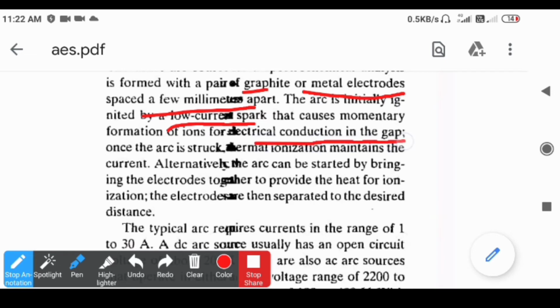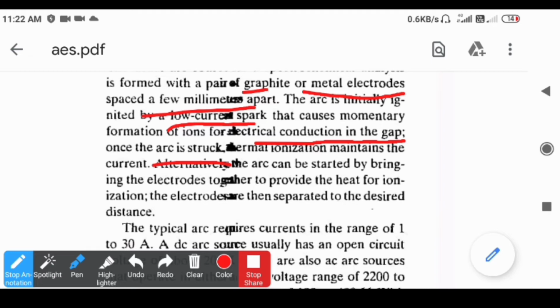So here in arc sources the electricity is conducted by using gases, or ions formed in the gap between two electrodes. Once that arc is generated, thermal ionization will maintain the current in this arc. So see, the first step is that the two electrodes must be close to each other.